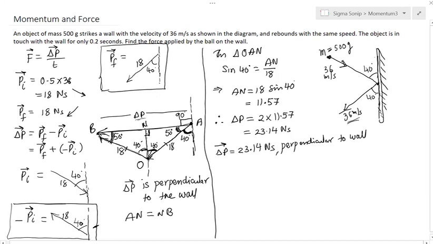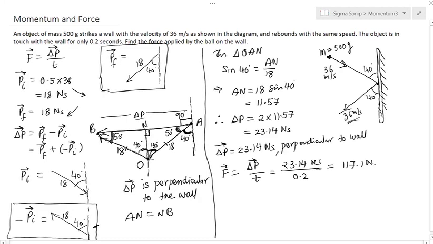I got delta P. Now finding F is easy. Delta P over T, which is equal to 23.14 Newton second, perpendicular to wall. I'll not write the direction here, just write at the end, divided by 0.2, and that gives me 117.1 Newton.